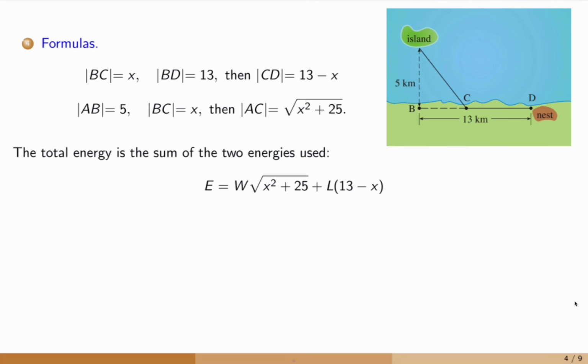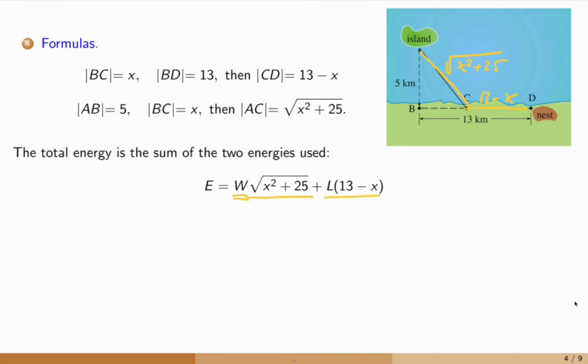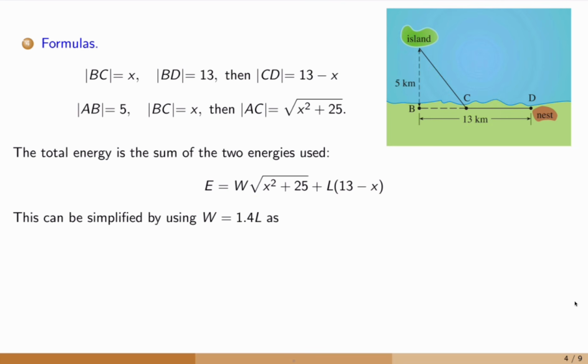Now the total energy consists of the two energies of the two paths. So we have the energy W times the distance along this path here. Let me write down this again, it got lost. And then it is the energy L times this distance, 13 minus x, here. So that is the flight path of the bird, down here to point C and over there. The total energy is this, but now we know that W is 1.4 times L. So we can simplify the energy function as follows.